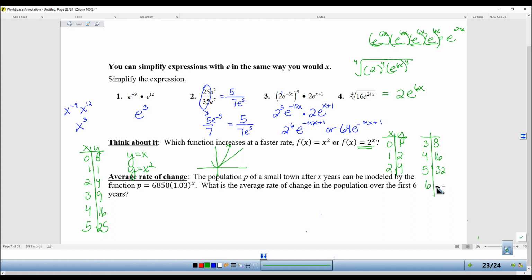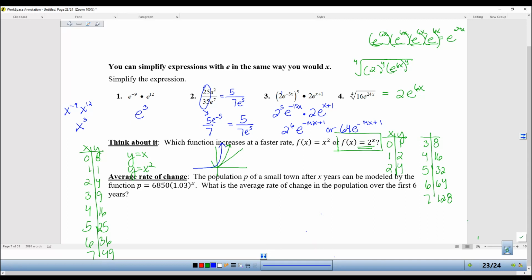Hasn't been obvious yet. 6 is going to be 64. See, this is going to keep doubling. This is going to get really big really quick. Where this one is 6 squared, 36, 7 squared, 49. Now you can definitely see that it's outpacing it. So this 2 to the x is going to grow at a much faster rate. If you were going to try and draw it on here, it would be like that, very steep. So it not only starts out a little higher, but then it grows really fast.